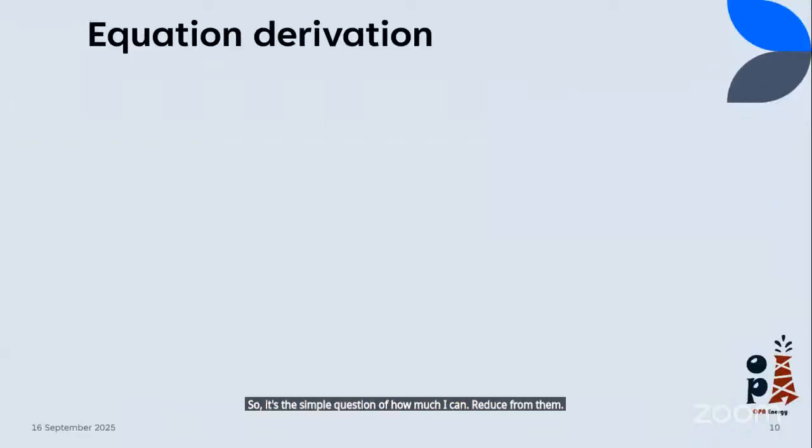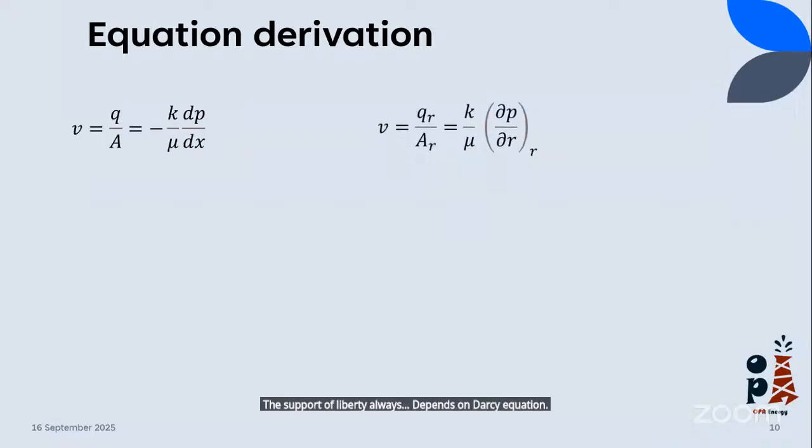Reservoir deliverability always depends on the Darcy equation. It's a very simple but very efficient way to understand the fluid flow within the reservoir and the well. It's very common. I don't think anyone in the oil industry doesn't understand it, or at least has had a look at this.